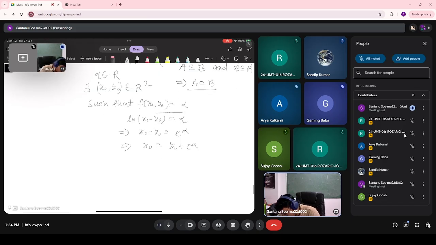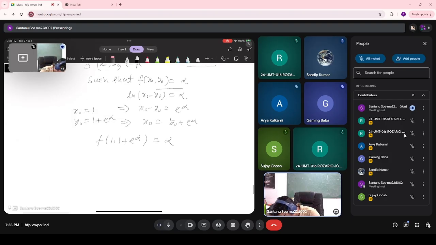So now you choose any x0 comma y0. For example, I can take x0 to be 1, then y0 will be nothing but 1 plus e to the power alpha. Then the image of the point 1 comma 1 plus e to the power alpha is nothing but alpha. So that means for this element in the codomain, I have found a pre-image which always exists in R2.